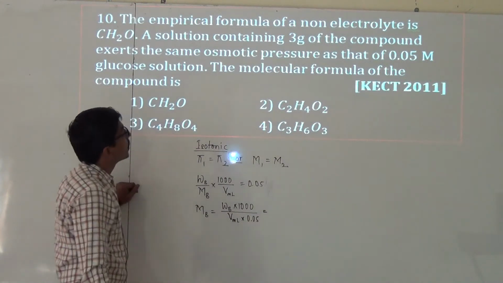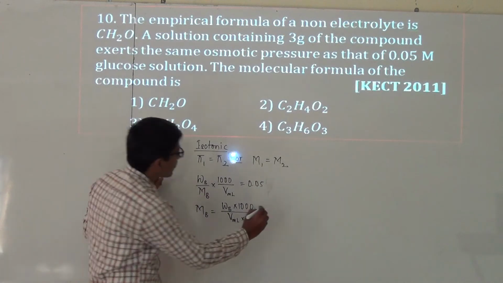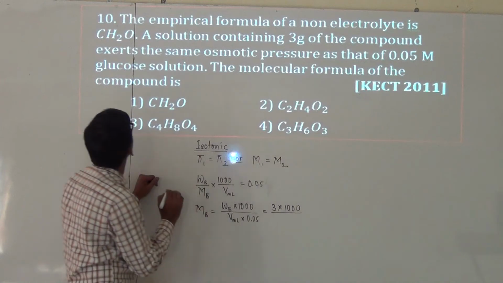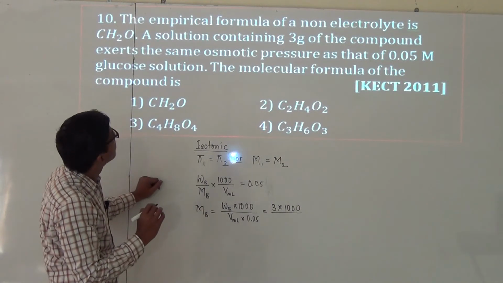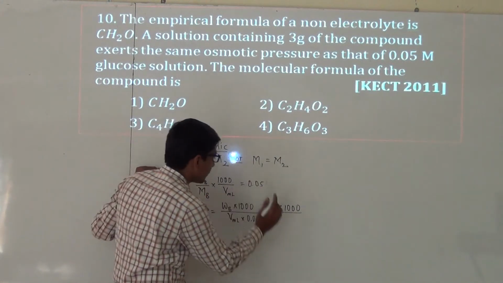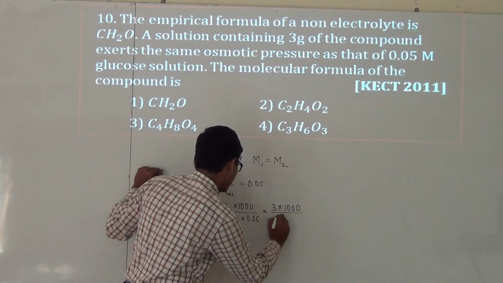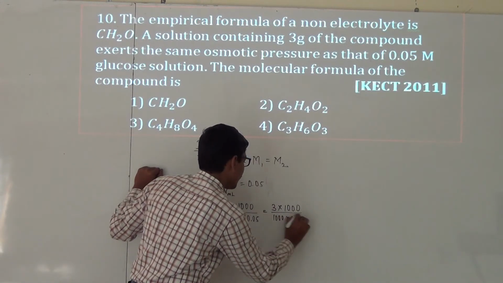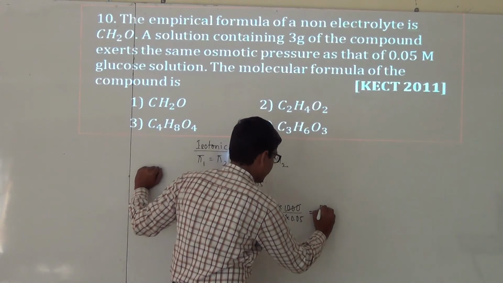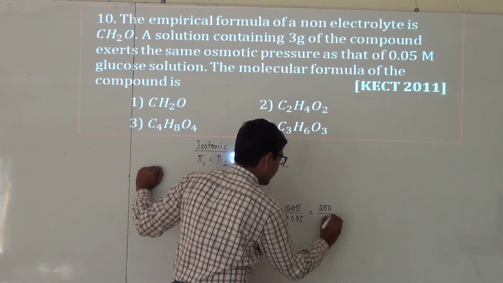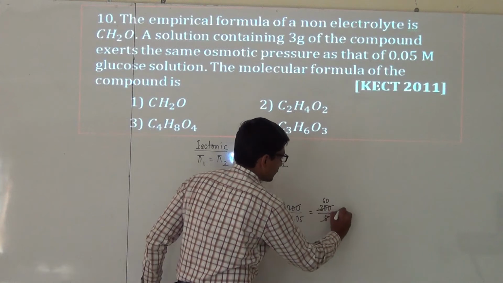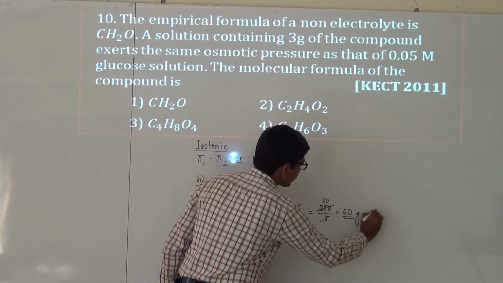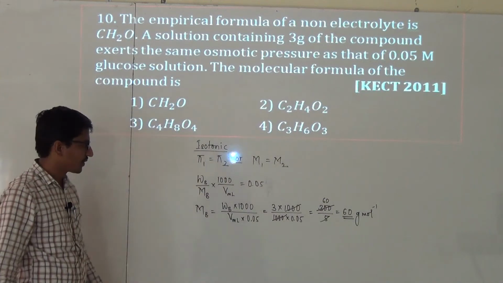This is equal to 3 gram into 1000 divided by, isotonic means same volume, 1000 ml, into 0.05. This is equal to 300 divided by 5. Molar mass Mb is 60 gram per mole.